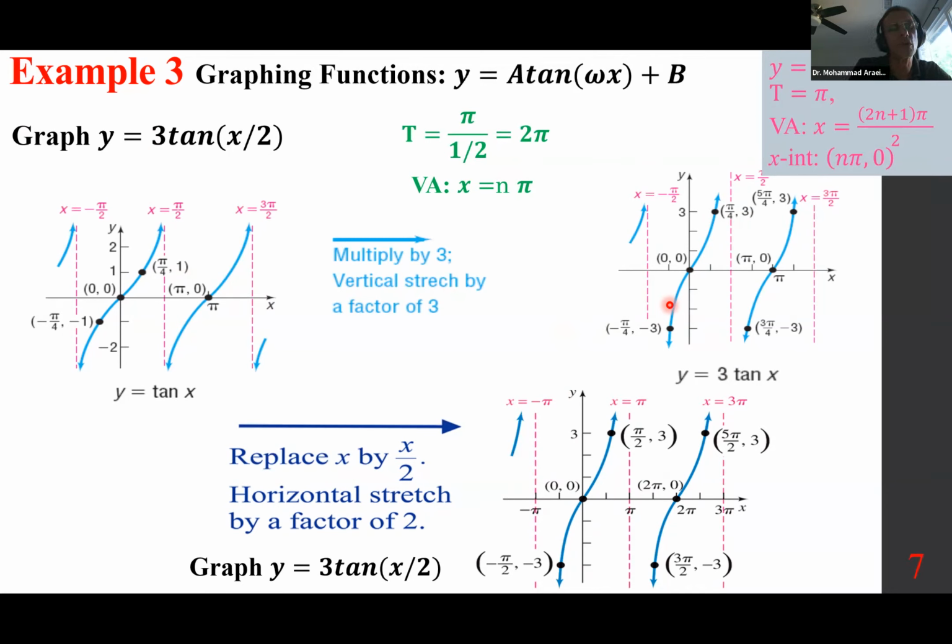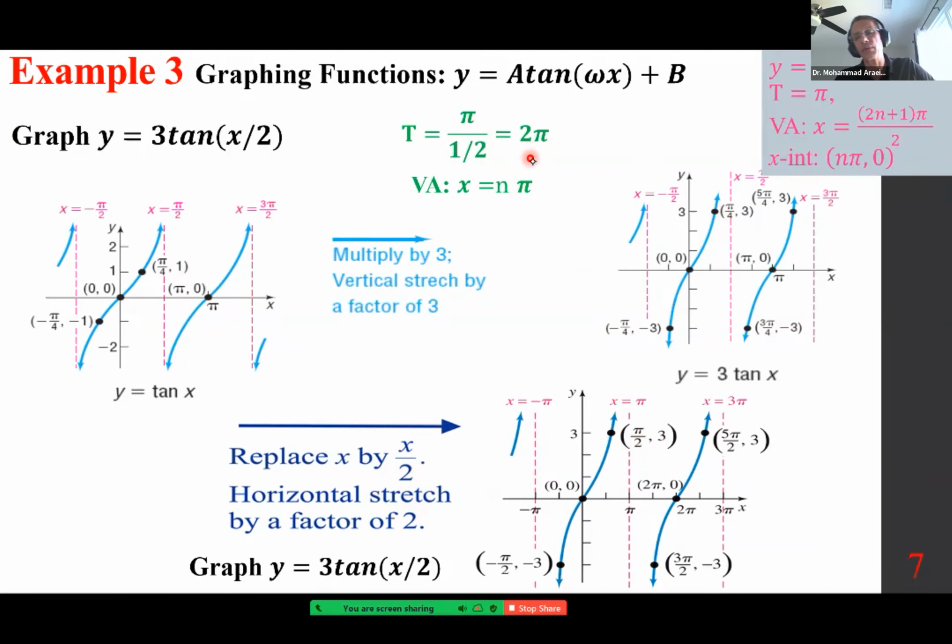So pi over 4, 1 was to pi over 4, 3, and pi over 4 doubles up to pi over 2 because of this stretch. Remember, it's the other way around. When you have 1/2, it becomes double. That is the case. So as you can see, pi and negative pi are the vertical asymptotes.